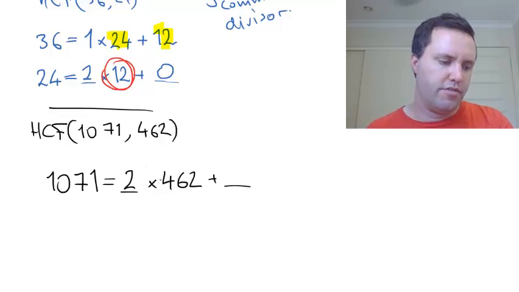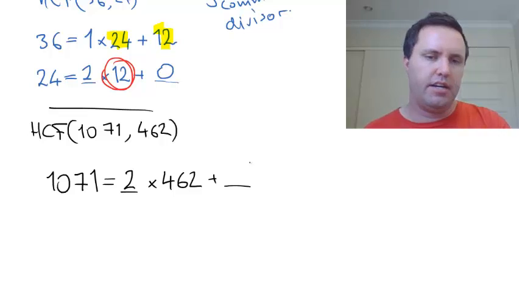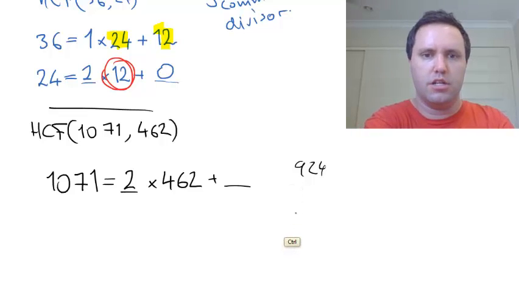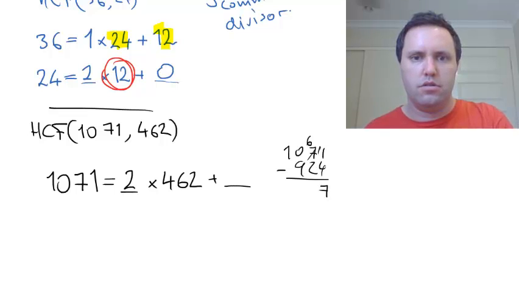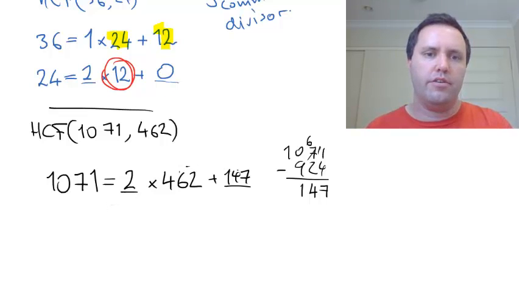So 2 times 462 is 924, and that's going to leave us 1071 minus 924, which is 147. These two here are our new numbers for the next set.